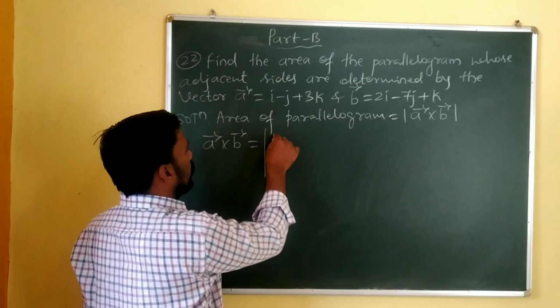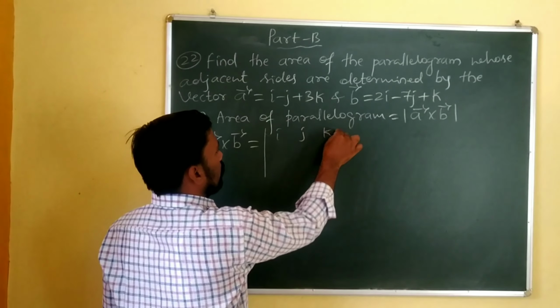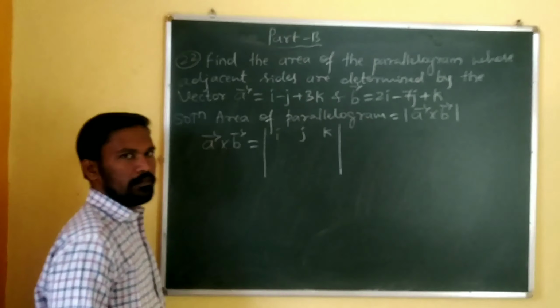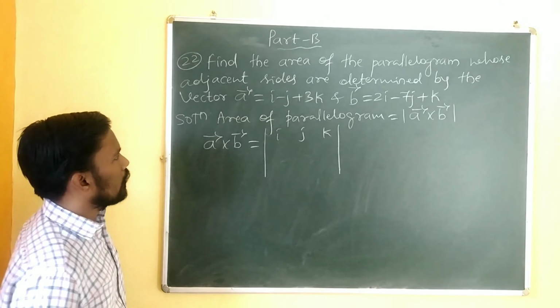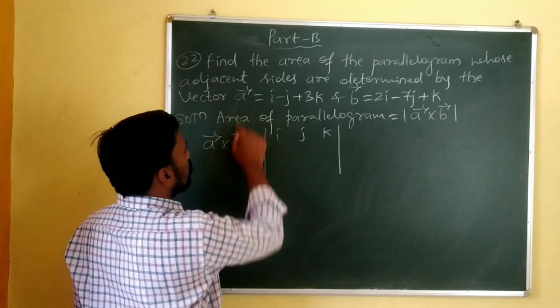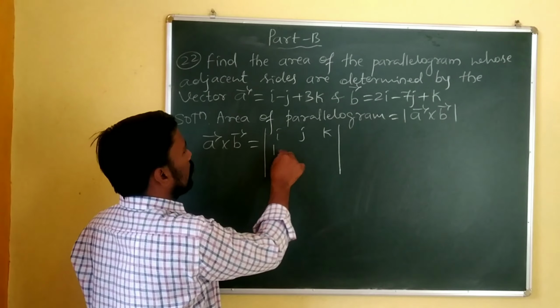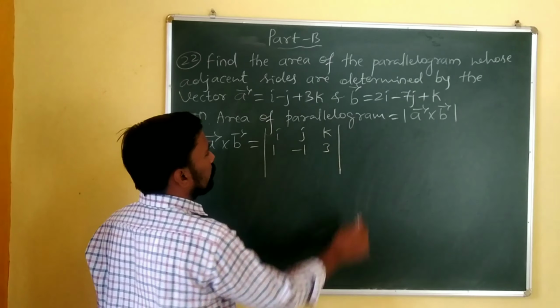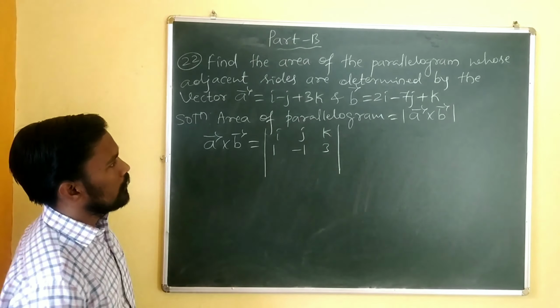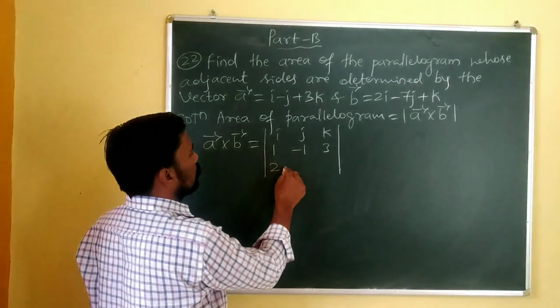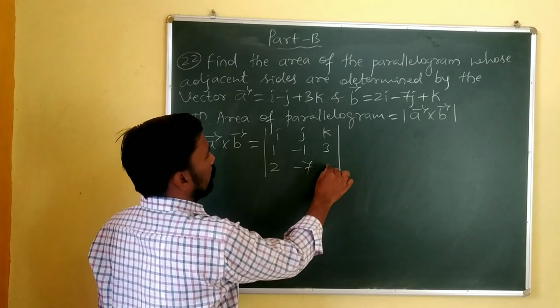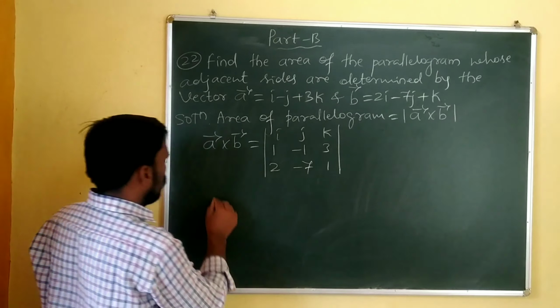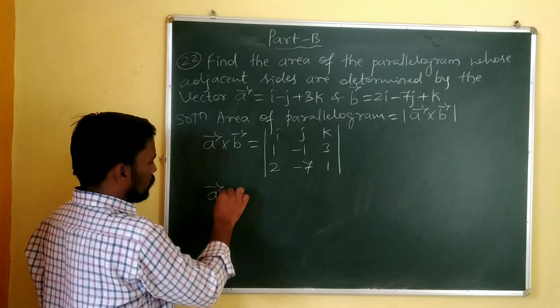It is determinant of I, J, K. The first row will be the unit vectors, and the second row is the scalar components of the first vector, that is 1, minus 1, 3, and third row will be the scalar components of the second vector, it is 2, minus 7, 1.